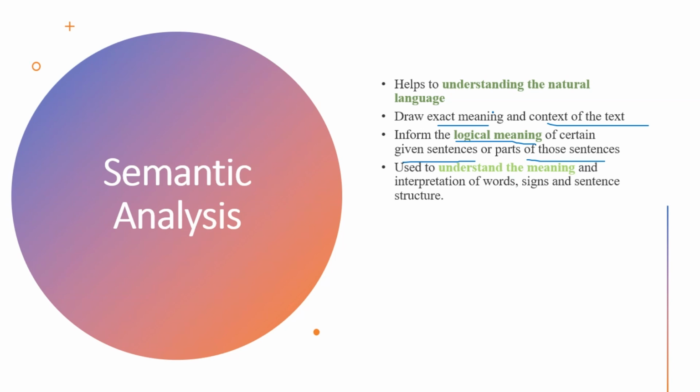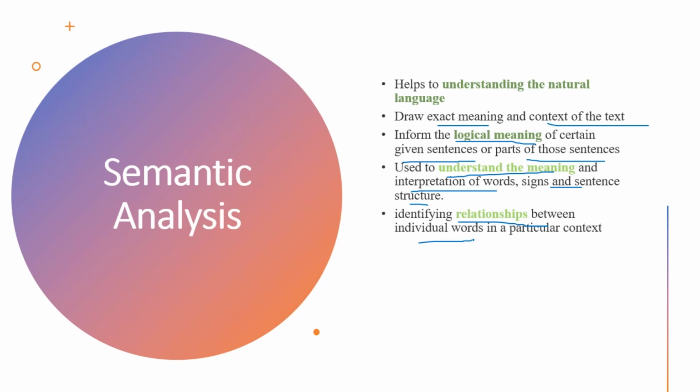We try to understand the meaning and interpretation of words, signs, sentences, and structure. It helps in identifying the relationships between the individual words in a particular context. So basically, based on the context, we'll try to look for the meaning. To do that, we perform semantic analysis.